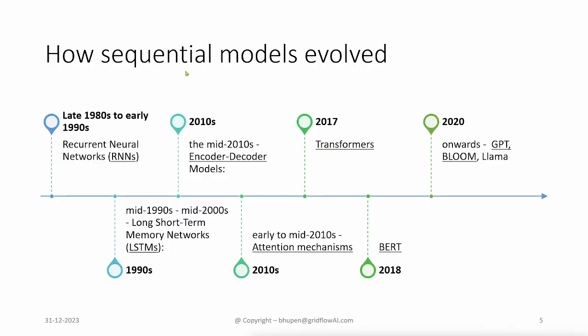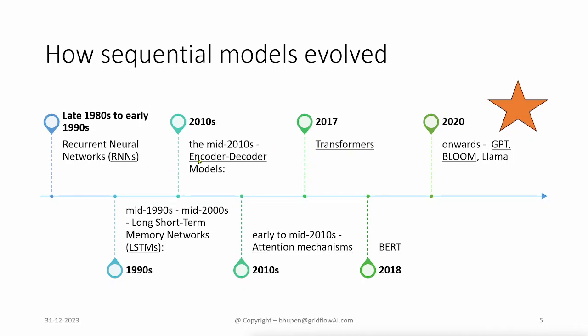So, a little bit about how sequence models evolved. Today, we are in 2023 and we have GPTs from OpenAI, GPT 3.5, 4, and so forth, Bloom and Llama. But it all started with recurrent neural nets around the 1980s. And each of these milestones is a tremendous improvement in succession.